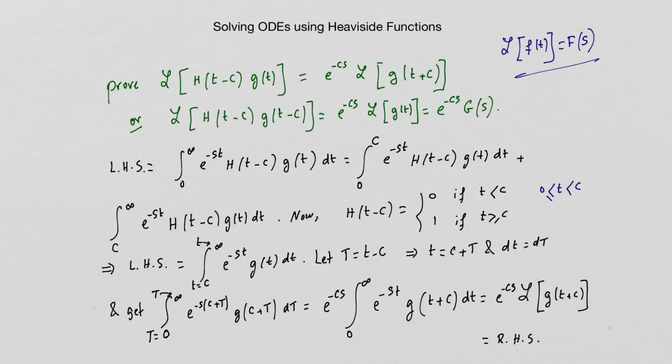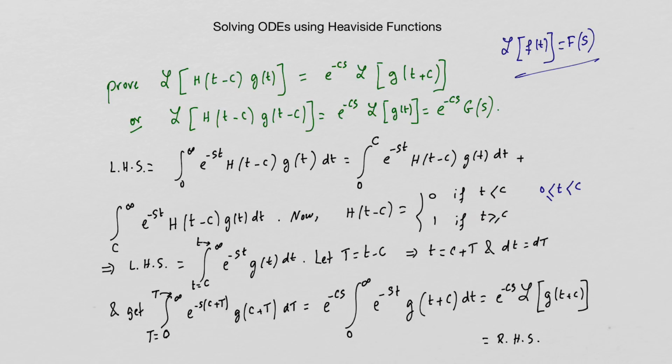So look them up again. This function, by definition, is 0 when t is less than c. Since t is time, this means before time c. And it's 1 when t is more than c. So that critical value was c, if you recall.